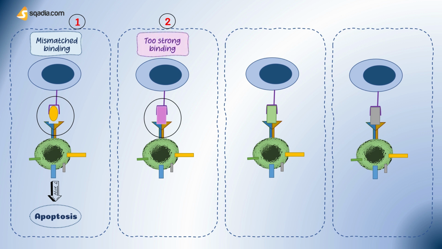But here this binding is too strong. And, if the bond between the T-cell receptor and the MHC molecule is too strong, a cytotoxic response to the body's own antigen-presenting cells may later occur. So, even in this case, T cells will not survive and they will be destroyed via apoptosis.